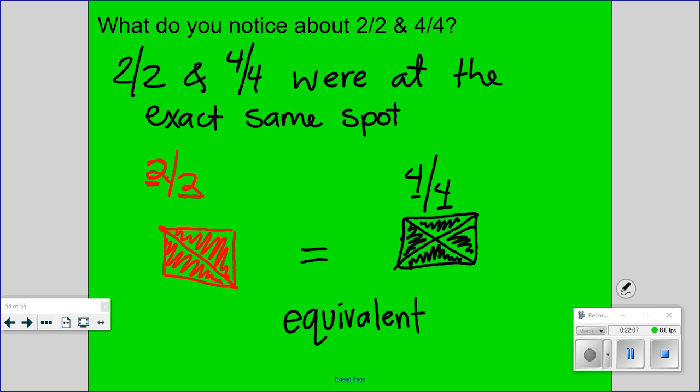We can almost see the word equal. It's not quite equal, but it does kind of look like equal a little bit. Equivalent is talking about how things might look different, but have the same value. They're worth the same. These look different. They do. But they're worth the same, which is one whole.